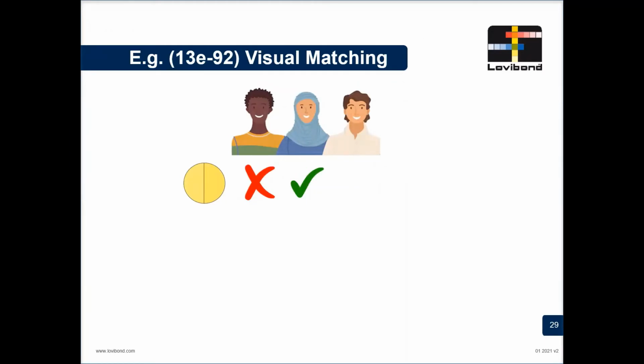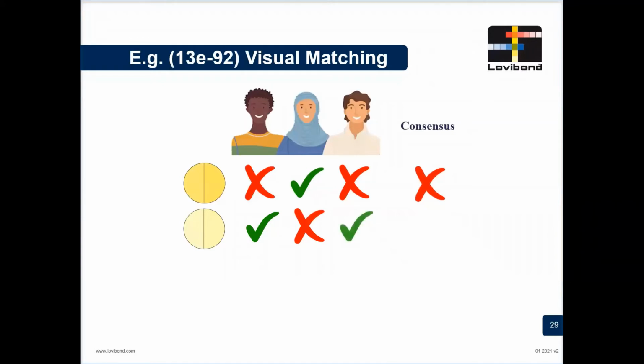If you have an odd number of people, you're going to get a consensus opinion. If a third person says it's not a match, then the consensus opinion is it's not a match. And again, we might have a match, not a match, and then the third person says yes, it's a match. So we have a consensus that that is a colour match.